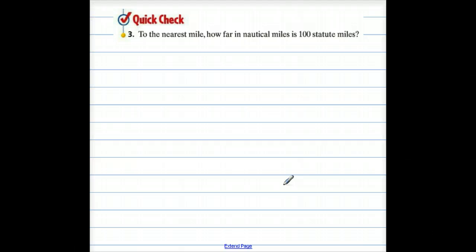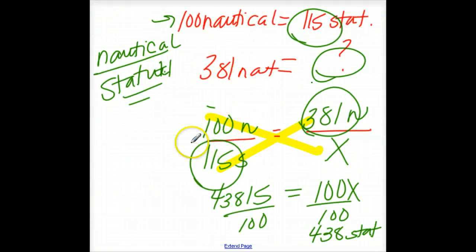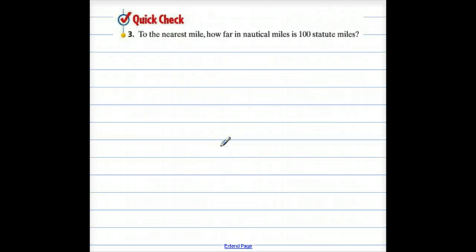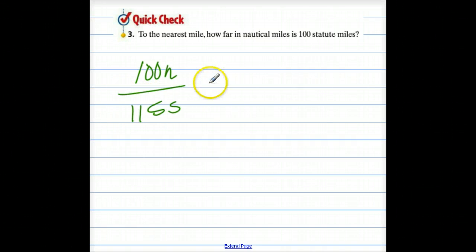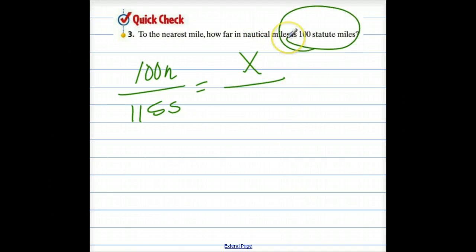So if I were to do this problem again in a new example, to the nearest mile, how far in nautical miles is 100 statute? So I need to use the same thing they told me in the last example, that 100 nautical equals 115 statute. I'm setting that equal to find out how many nautical, we don't know nautical, is equal to 100 statute.